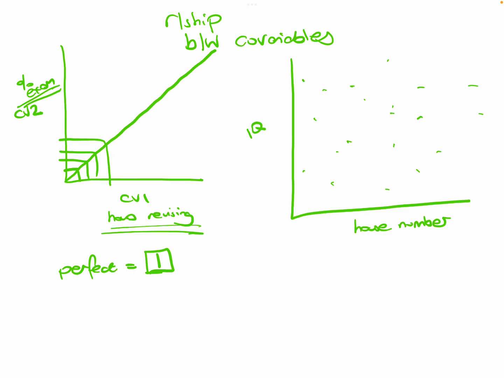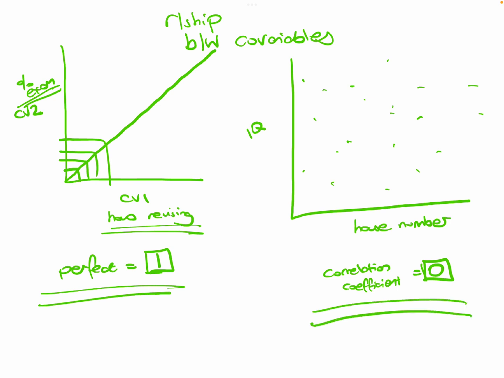In that case, our correlation coefficient would be 0. There is absolutely no relationship between house number and IQ. So here we've got a perfect correlation coefficient of 1, and here we've got no correlation, 0.